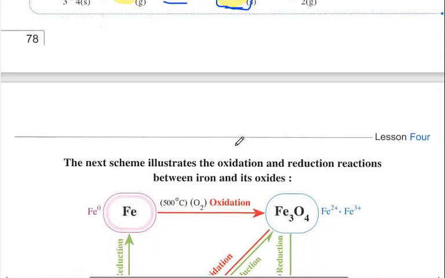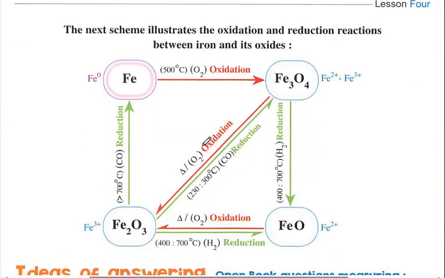Okay, here is a very important diagram to understand what happens in all these oxides. First thing is the oxidation by heating iron to 500 degrees Celsius by air, using oxygen of air, or using water vapor.